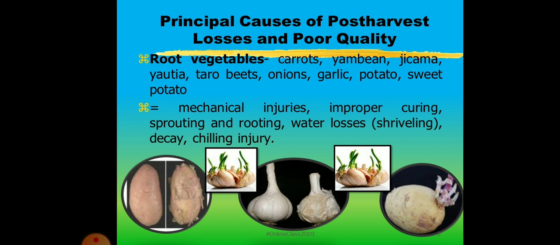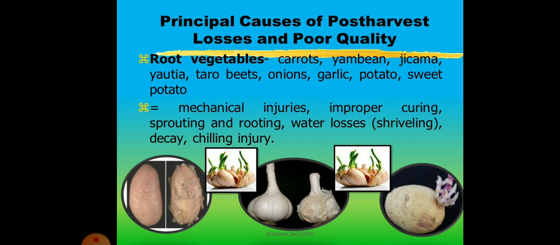That's the purpose of curing. Curing is for you to develop a protective layer so that microorganisms will not infect the commodity. Wounds are where microorganisms enter, as well as the pores or openings, the lenticels, present in those root crops.